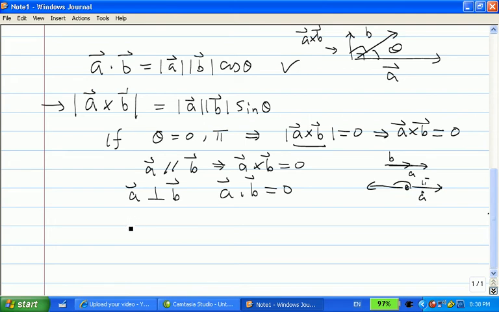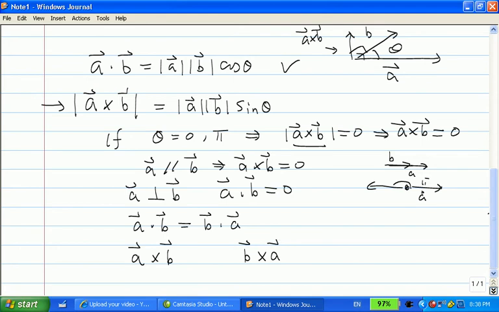Now, for the dot product, we have A dot B equal to B dot A. How about for the cross product? What is the relation between A cross B and B cross A?